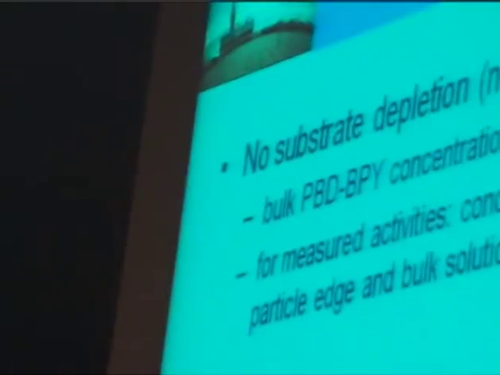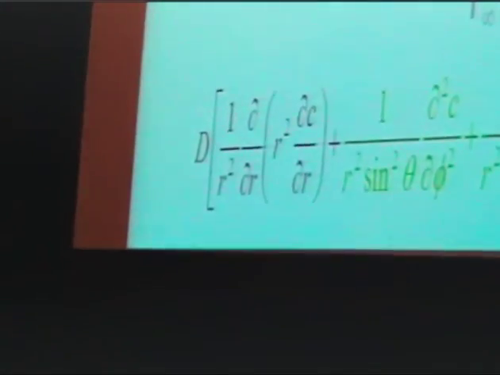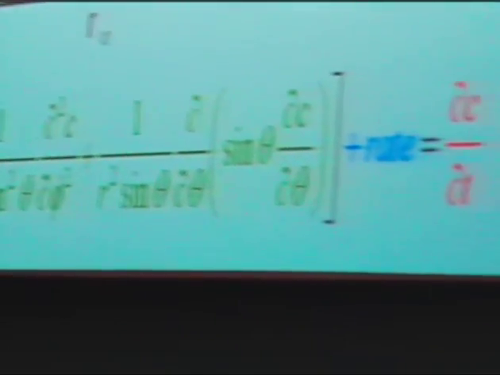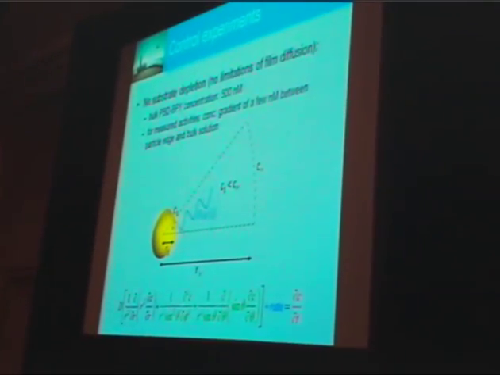Now, one of the critics we sometimes get on this work is that we cannot stir in our reaction present. Because if we would stir it, the particles would no longer be immobilized and analysis would be very difficult. So this means that we might face problems of substrate depletion from the bulk solution towards the particle. But we can calculate the degree of substrate depletion because we know the bulk concentration of the probe.